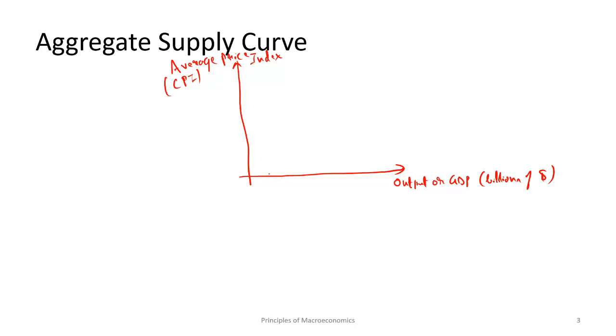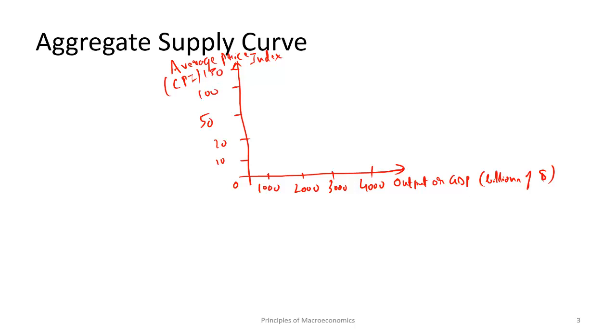Maybe, starting with 0, it is 1000, 2000, 3000, 4000, and the price level, as it is an index, will start, say, at 10, 20, 50, 100, 150. So you can just put numbers.